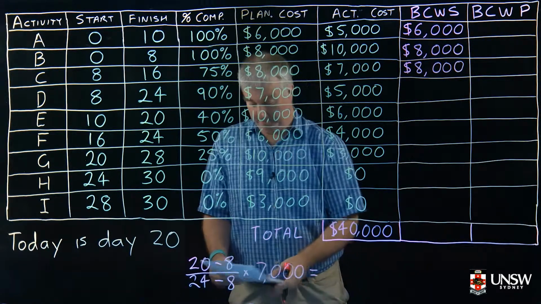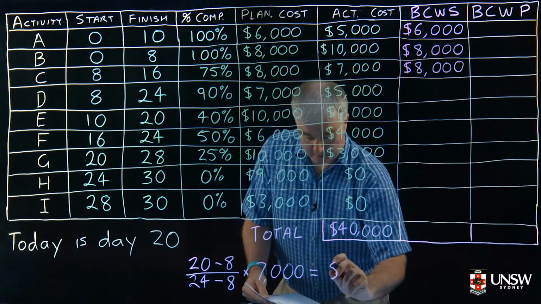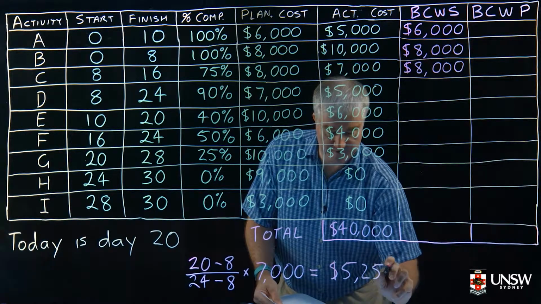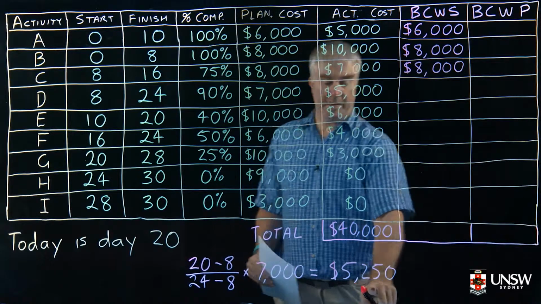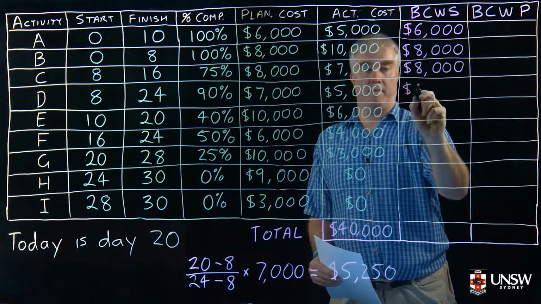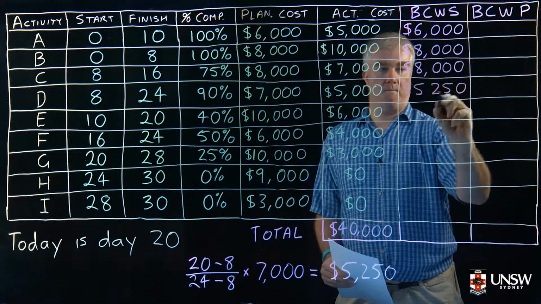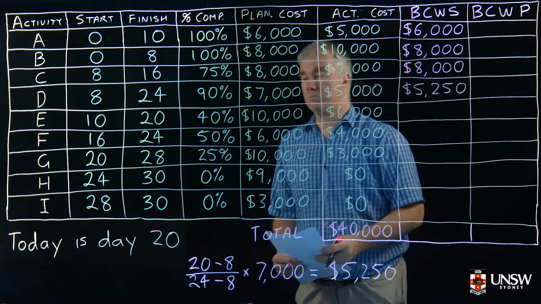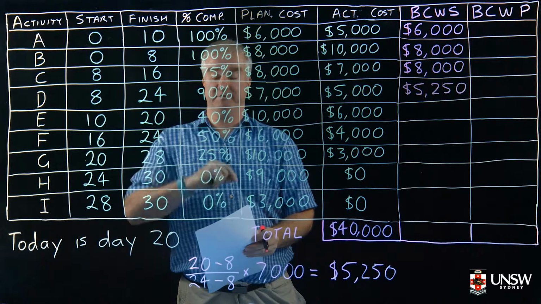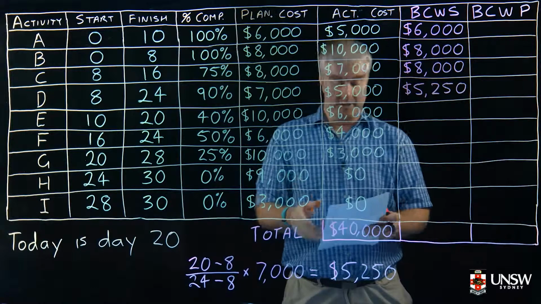Which is equal to $5,250. So this number here is what we put in this box here. For activity E, day 20 is when the activity finishes. It's now day 20, so this activity should also be finished.